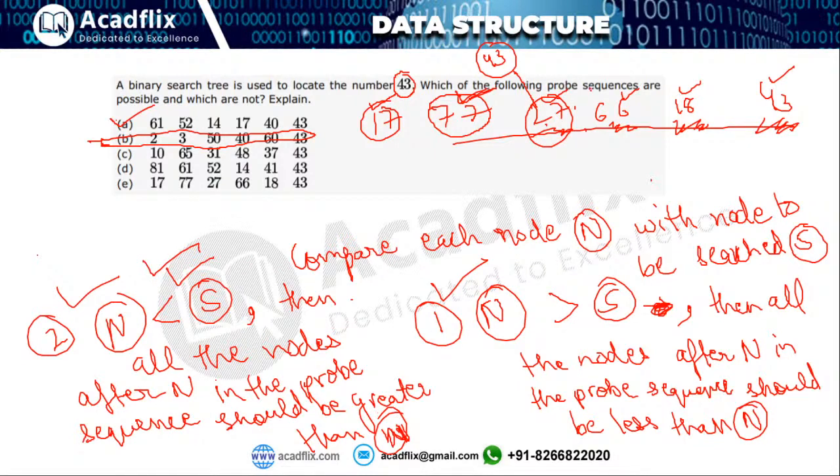So ये 27 से ज़्यादा होनी चाहिए थी, ये भी 27 से ज़्यादा होनी चाहिए थी, बट ये 27 से ज़्यादा नहीं है, तो इस केस में ये वैलिड प्रॉप सीक्वेंस नहीं हुई. तो ये कंडीशन जो है वो फेल हो गई, तो दैट इज़ वाई इट इज़ एक्चुअली नॉट अ वैलिड सीक्वेंस.